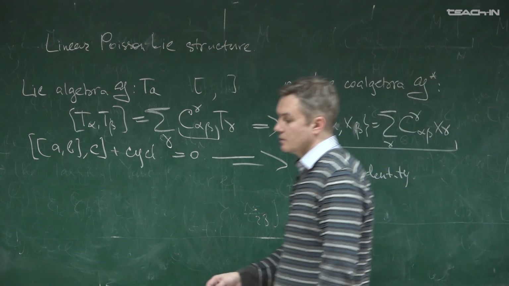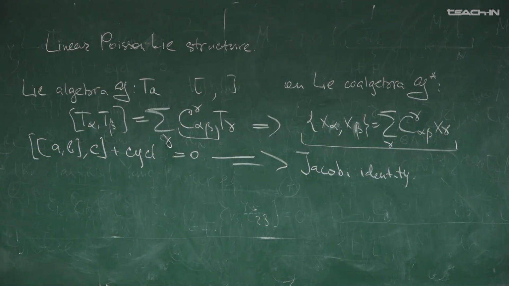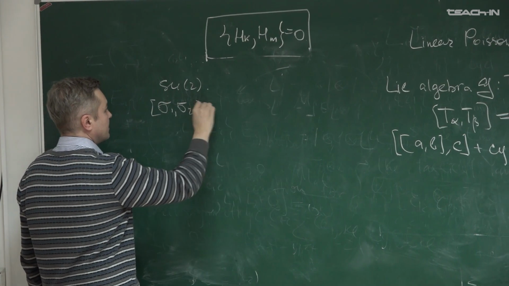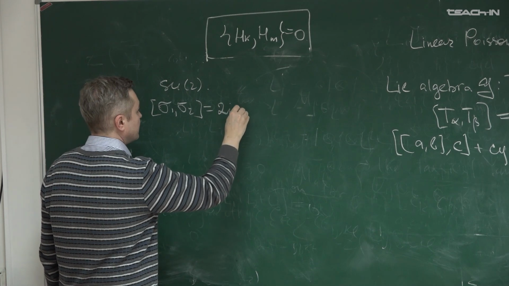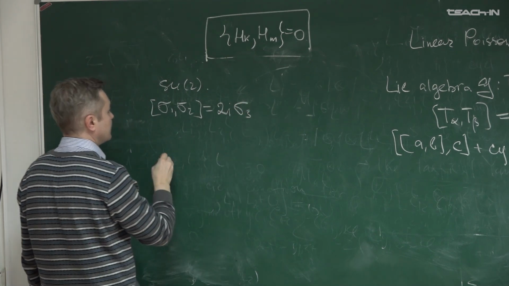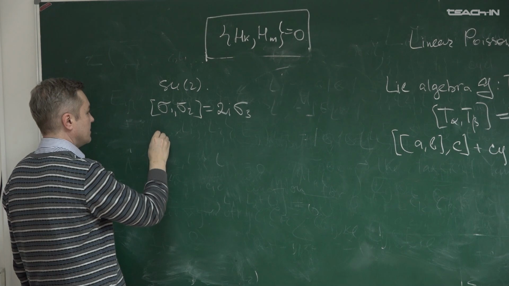For example, in the SU2 Lie algebra, we have the following commutation relations. Sigma 1 and sigma 2, the commutator is equal to 2i sigma 3, and so on.